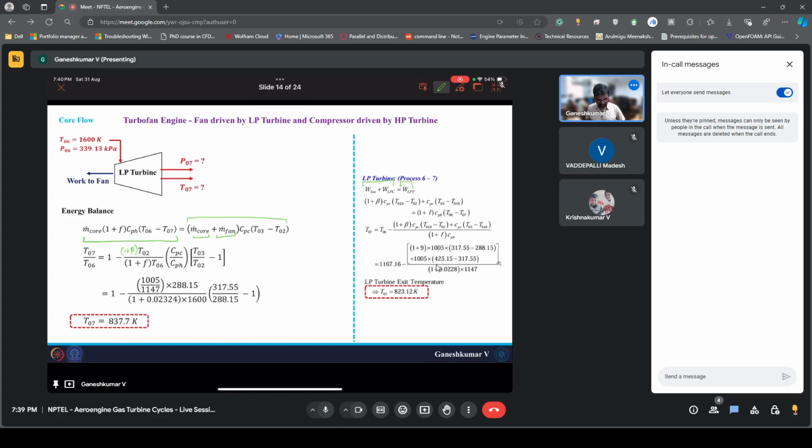Can one of you try to do this calculation? So what I'm trying to say is, you need to add 1 plus beta over here. If you add 1 plus beta, you will have 1 plus 9 over here. I just want to make sure whether the temperature that we have is right. I hope it's just a typo.